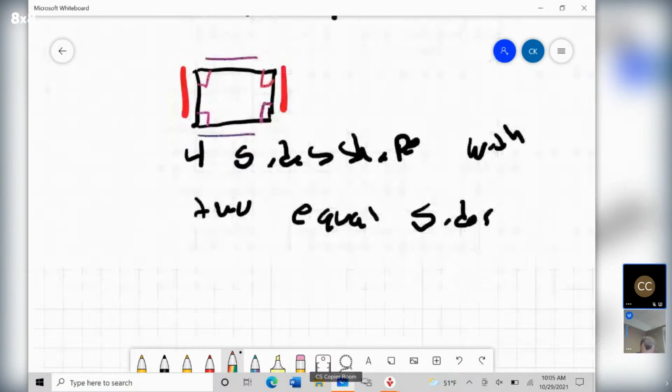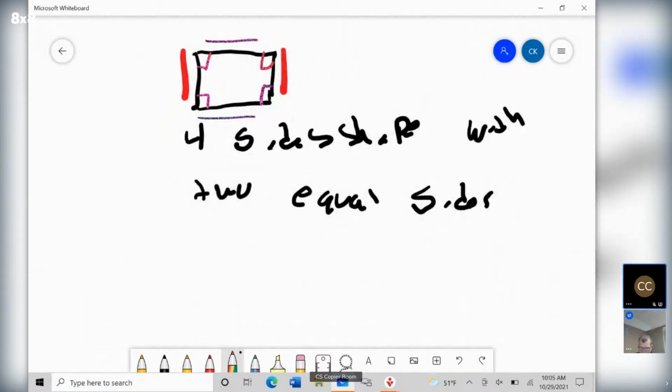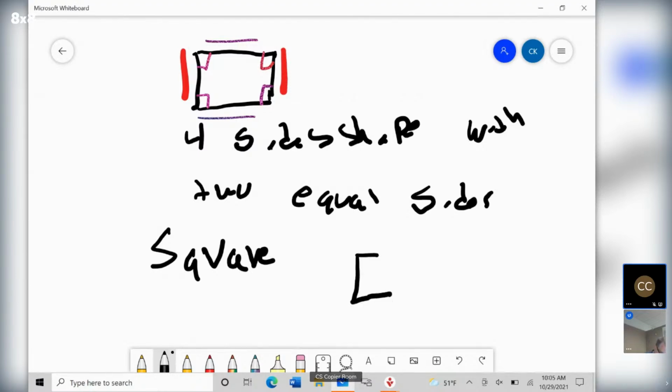Next one I want to talk about, and this one you guys are probably really familiar with, is just a square. And that just means every side is the same.